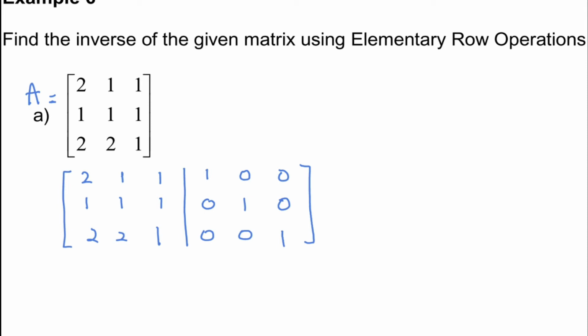The first step is you need to obtain the leading diagonal, which is here. You need to obtain it into 1. As you can see, the element in row 2 at the first column is 1 already. So we use the interchanging row method.